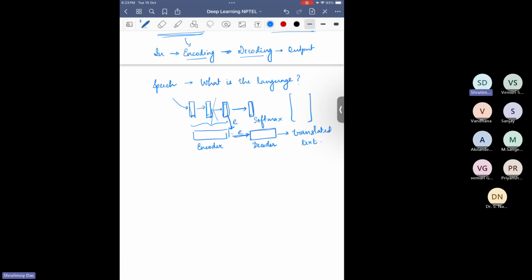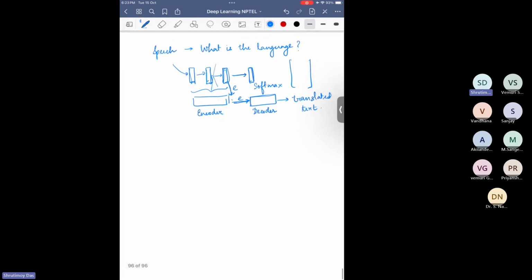Coming back to attention. I'll give you two popular examples that are used by NLP people. Suppose I have a sentence: he is going to the bank.